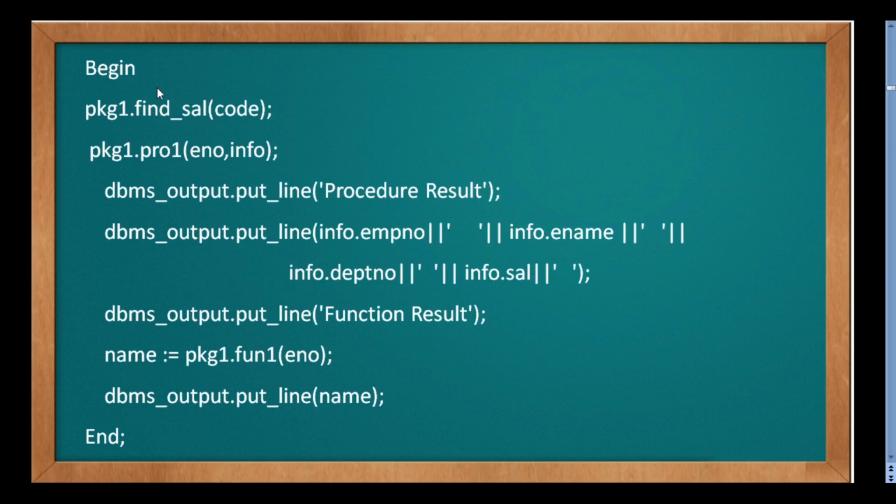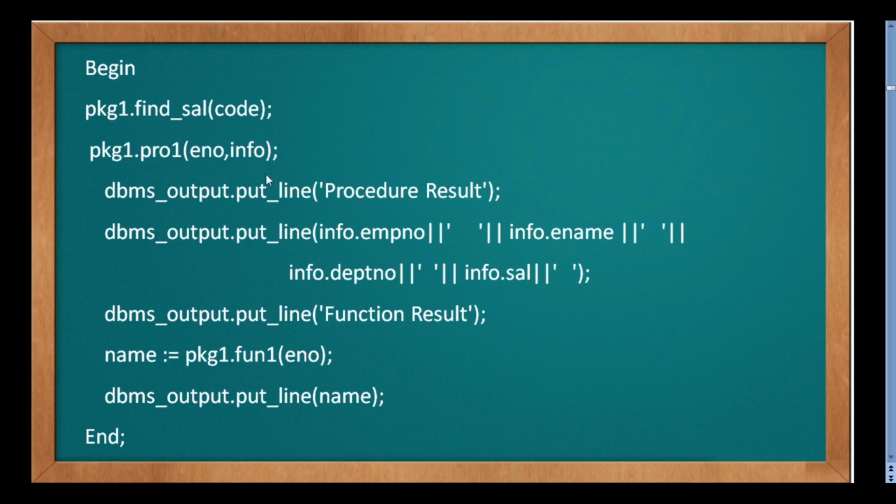Okay, just begin. I called those procedures and functions which are declared and specified in the package pkg1, in the begin section. pkg1.find_sal(code). pkg1.pro1(e_number, info). And DBMS_OUTPUT.PUT_LINE the procedure results.